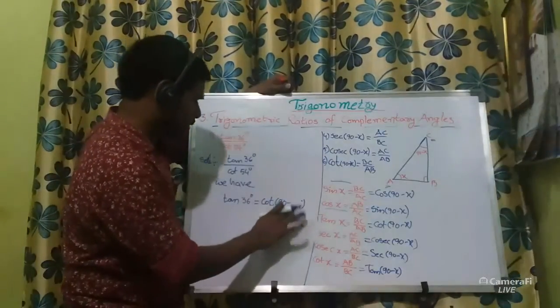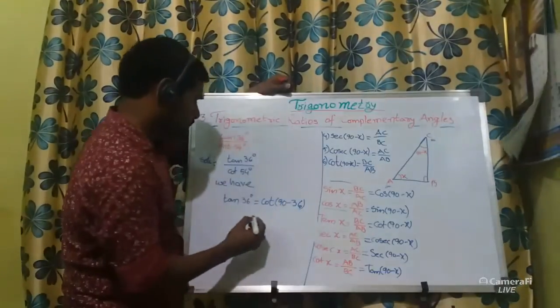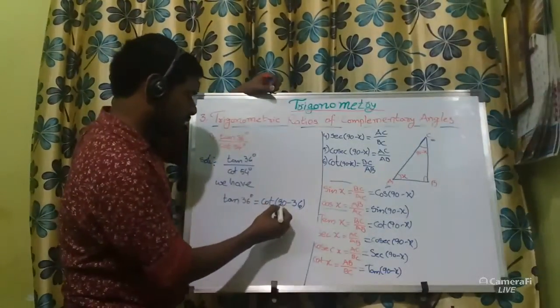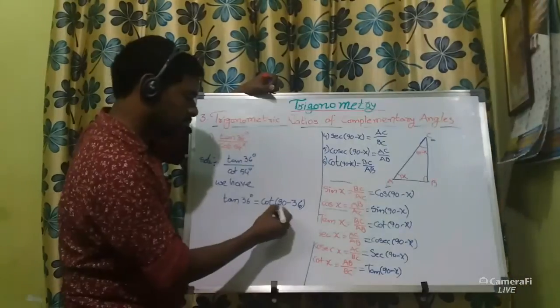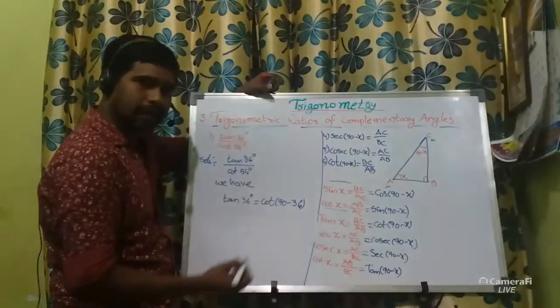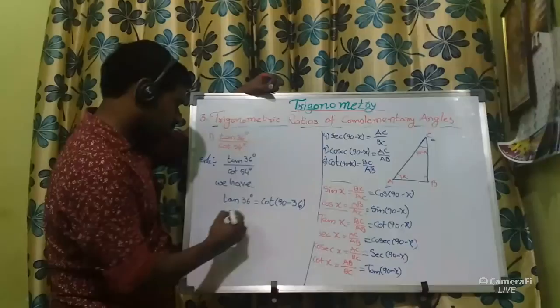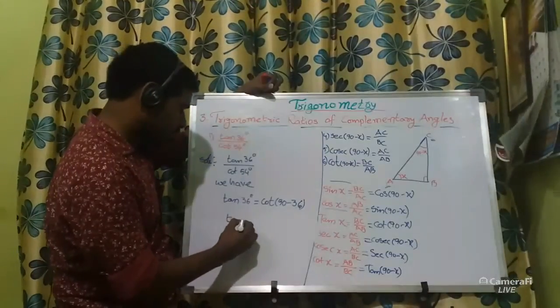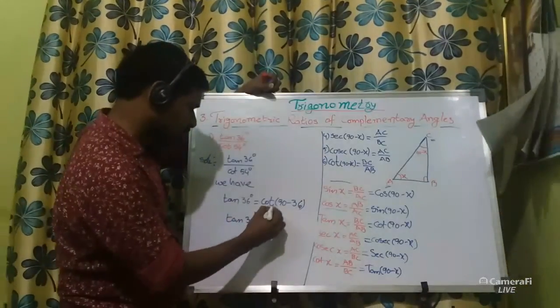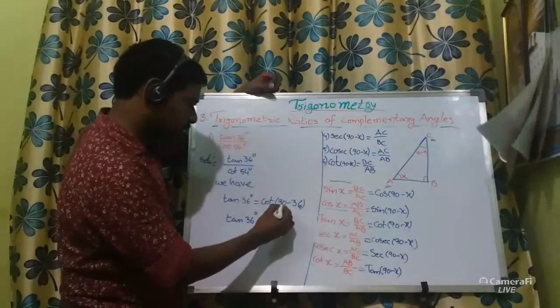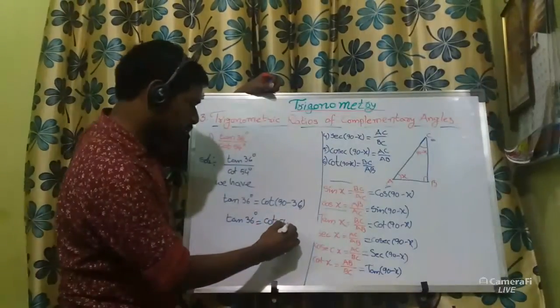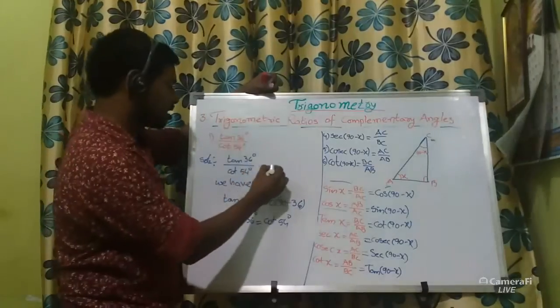Cot 90 minus theta is equal to tan theta. Therefore we have to write it like this: tan 36 degrees is equal to cot 90 minus 36, which is 54 degrees. Let me call this equation 1.